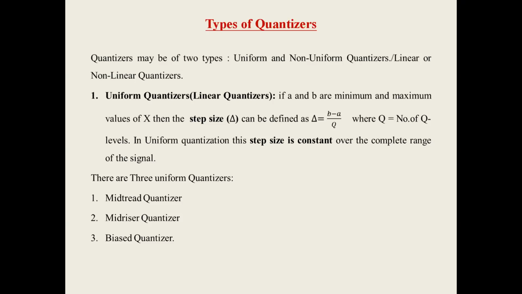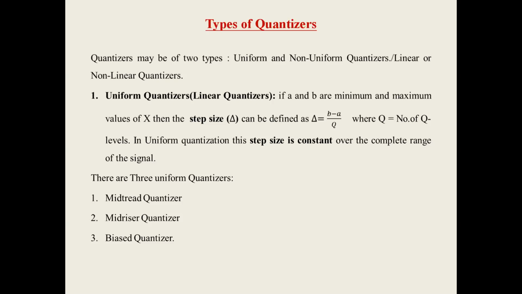Here one important point is the step size. So what is this step size? Before seeing uniform quantization, let us look at the definition of the step size. For example, let us consider a signal X. Capital X is a random variable, the random sampled value.